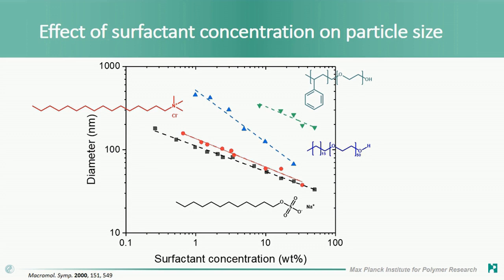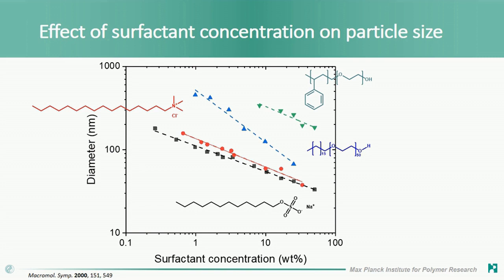And also what is really important is how much surfactant you put in. The more surfactant you put in, the more new interface you could create that will be stabilized by the surfactant. So if you can create more surface, you could also stabilize more smaller particles, which explains the decrease in the size as you increase the surfactant concentration.